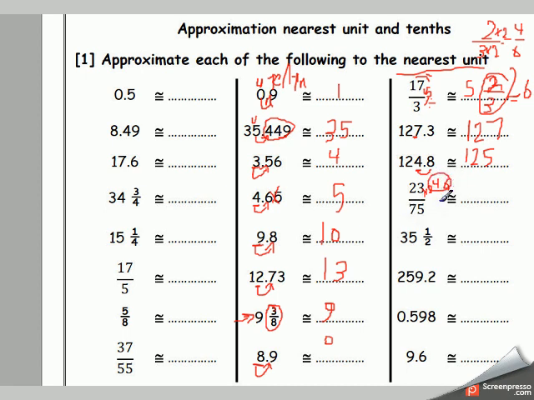46 is less than 75, so I consider here the whole number is 0. This fraction is weak because 46 is less than the denominator, so 0 does not increase and becomes 0 again.